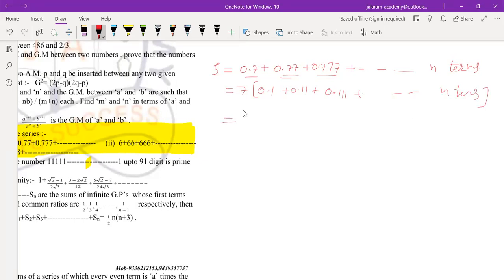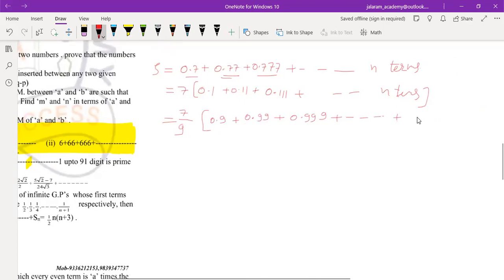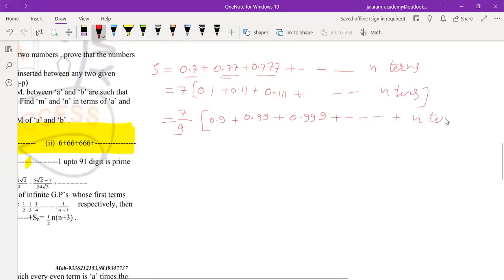Then in the next step, we will divide all the terms by 9. If we divide, then we should also multiply all the terms by 9, meaning we are taking 1/9 common. So it is 0.9 plus 0.99 plus 0.999 and so on up to n terms.